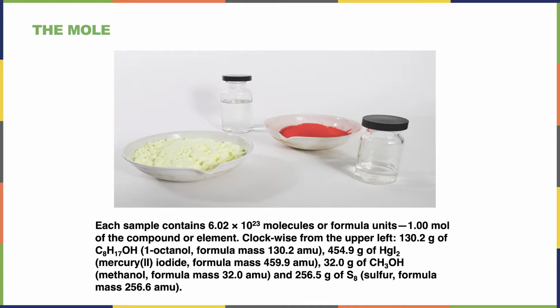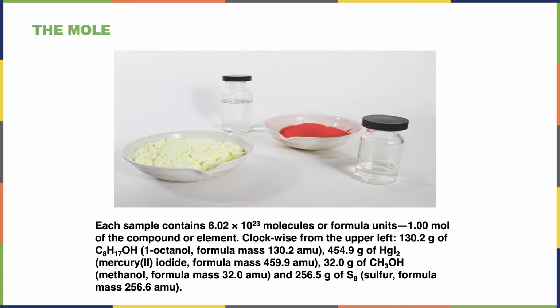If you start with the top, you have octanol in that little glass there, and its formula is given. If you want to calculate the formula mass, you'll find it's 130.2. In that little vial is 130.2 grams of octanol, so it has exactly 1 mole of octanol and exactly 6.02 times 10 to the 23rd molecules of octanol.